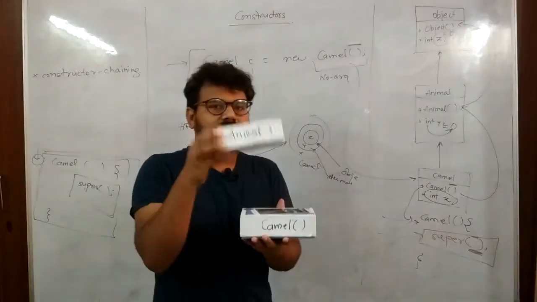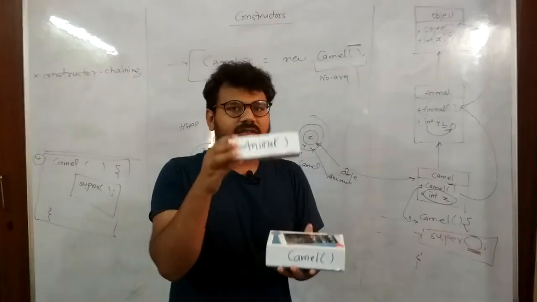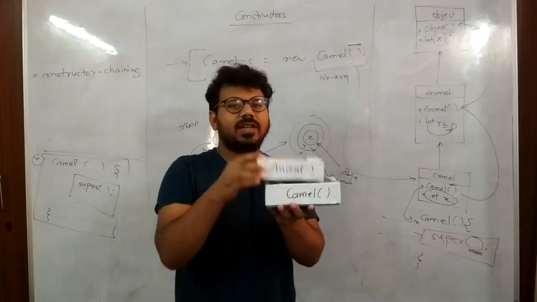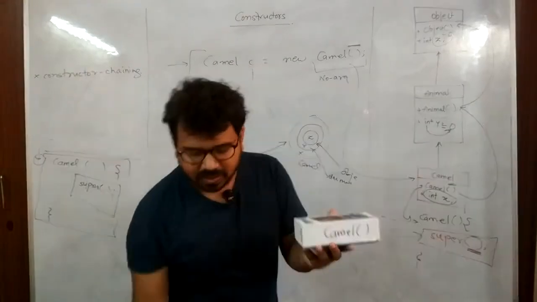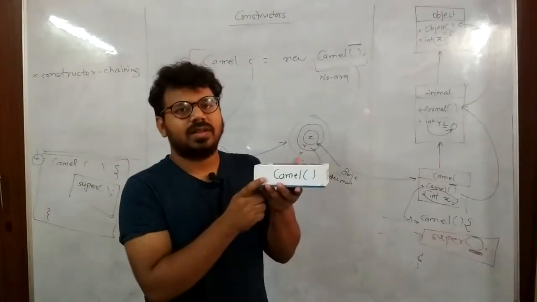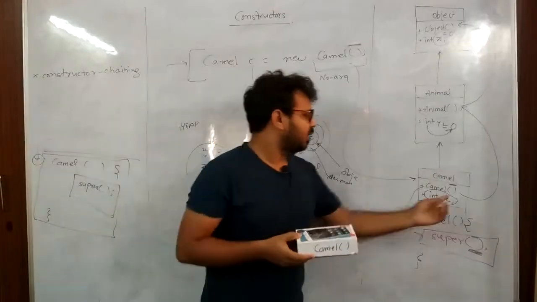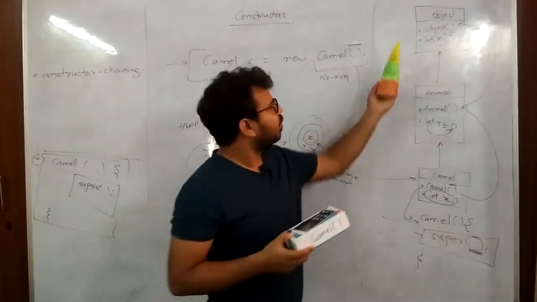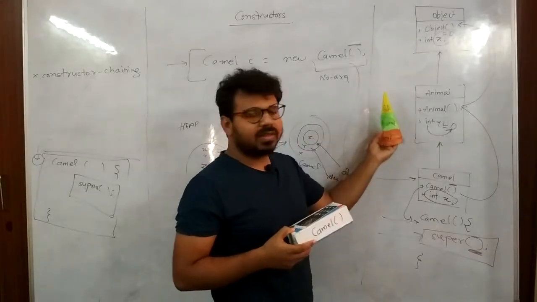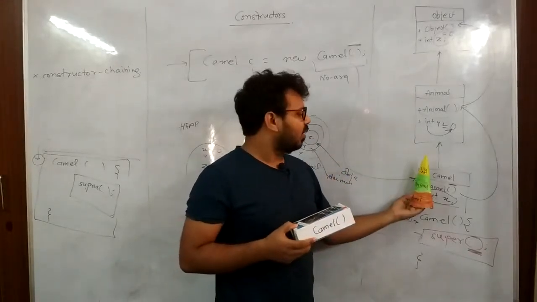And what will happen? This animal constructor will be popped off from the stack, and the control will come to this camel constructor here.